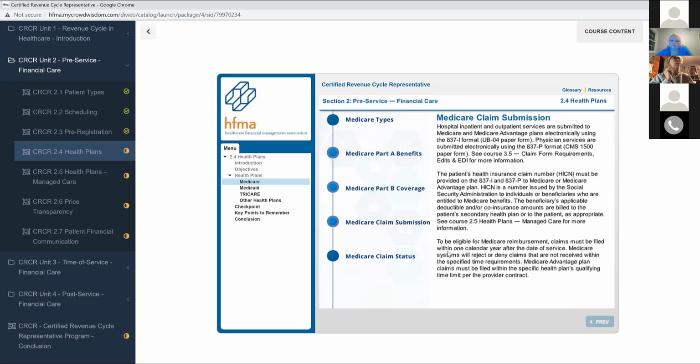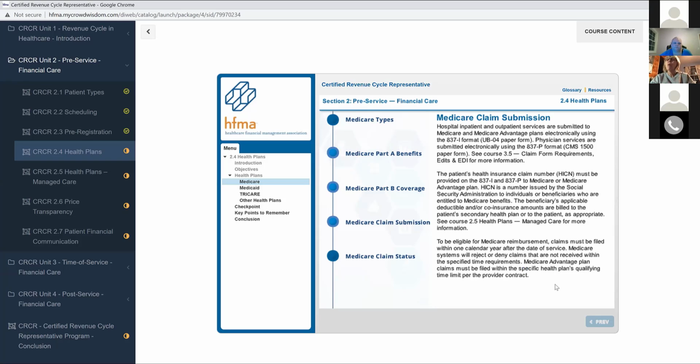To be eligible for Medicare reimbursement, claims must be filed within 1 calendar year from the date of service. Medicare will reject or deny claims that are not received within the specified time frames. Medicare Advantage plan claims must be filed within the specific health plan's qualifying time limit based on the provider contract.